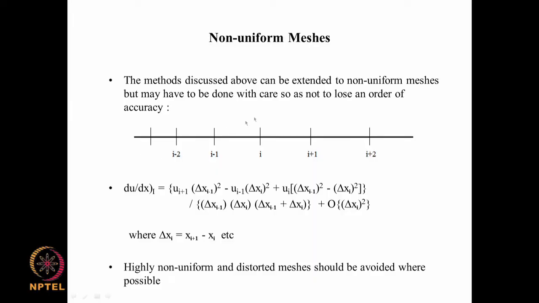So, non-uniform meshes are probably unavoidable. Up to second order accurate expressions, they do not pose real great difficulty. As you go to higher and higher order accurate, then the algebra becomes tougher and tougher, okay.